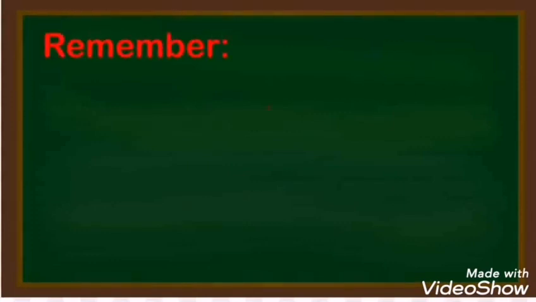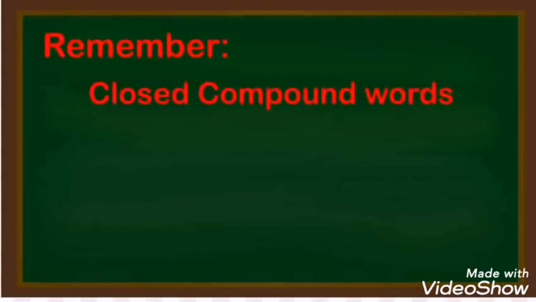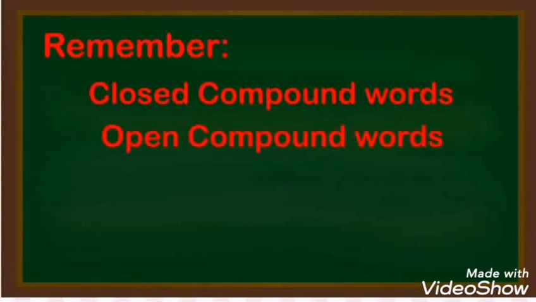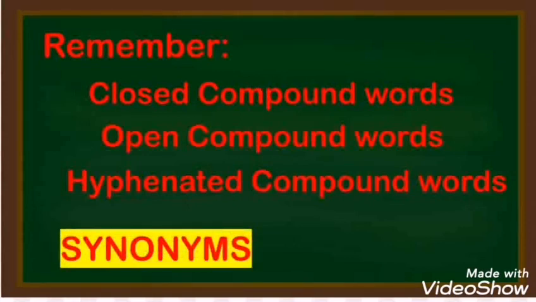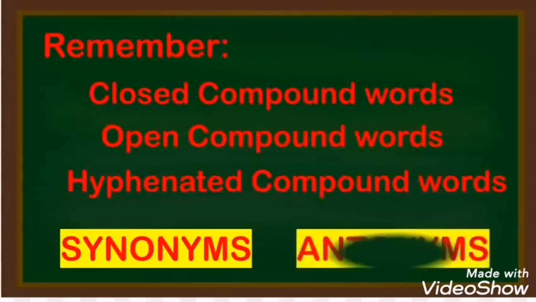Compound words may be closed, written with no space, open, written with space between words, or hyphenated, connected by a hyphen. Now that you know the different types of compound words, maybe you will be curious how we could know their meaning. The meaning of compound words can be inferred using synonyms and antonyms.